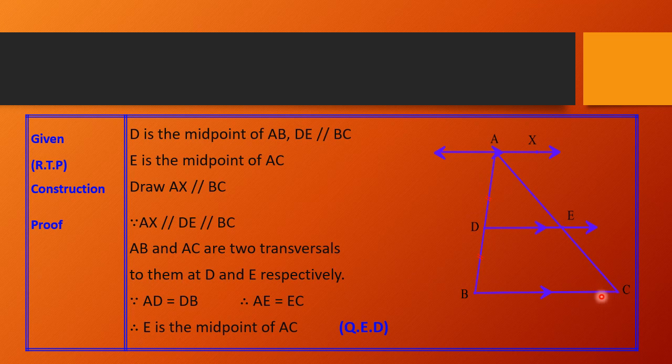The proof. Since AX is parallel to DE, which is parallel to BC, and AB and AC are two transversals to them at D and E respectively, since AD equals DB, because D is a midpoint, then AE equals EC, then E is a midpoint of AC.